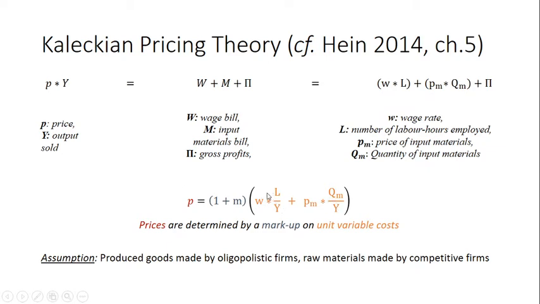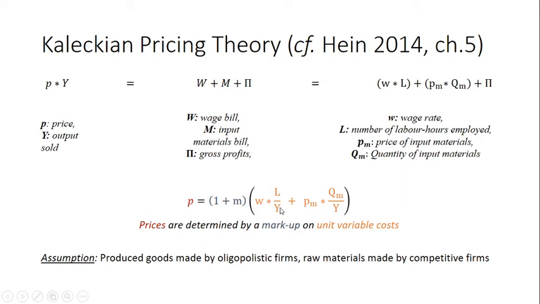So this is the unit labor cost plus the unit material costs, and so we assume a la Kalecki that prices are simply a markup on the unit variable costs consisting of unit labor costs and unit material costs.